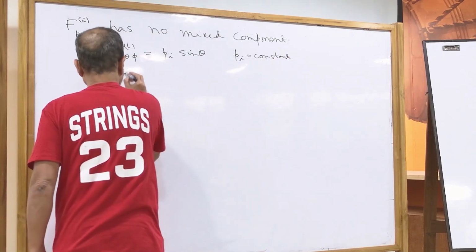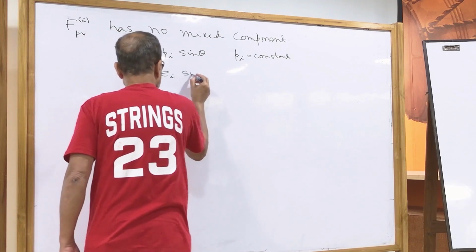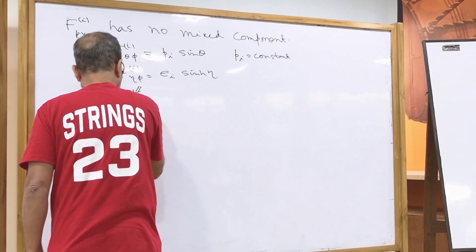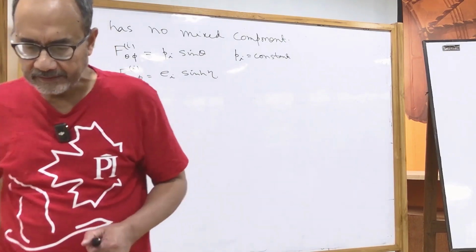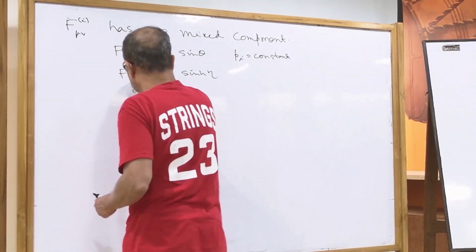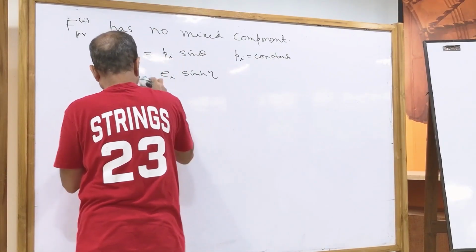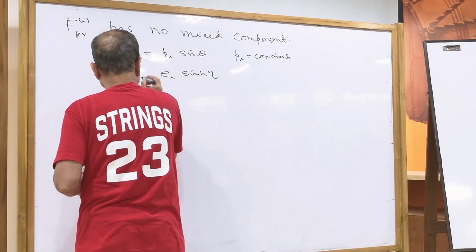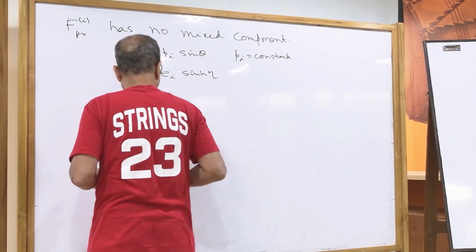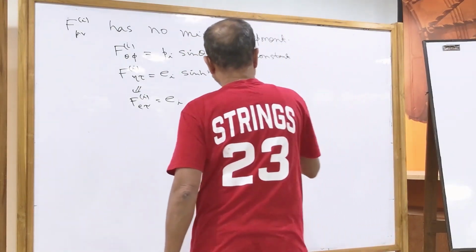And similarly, F^i_ηφ is p^i sinh η, which you can also write as F^i_ητ, sorry, F^i_ρτ. So E^i is constant.